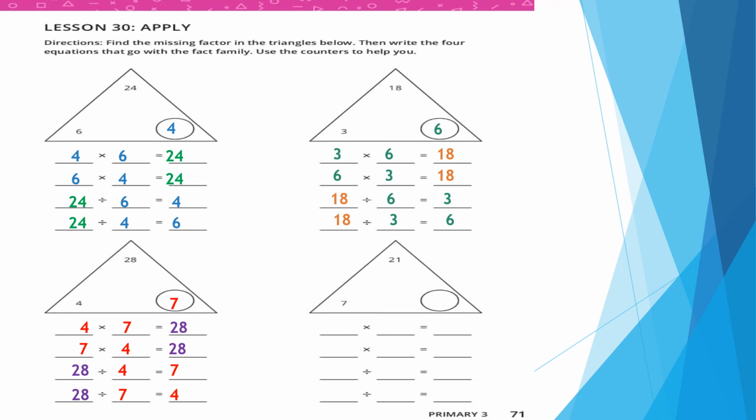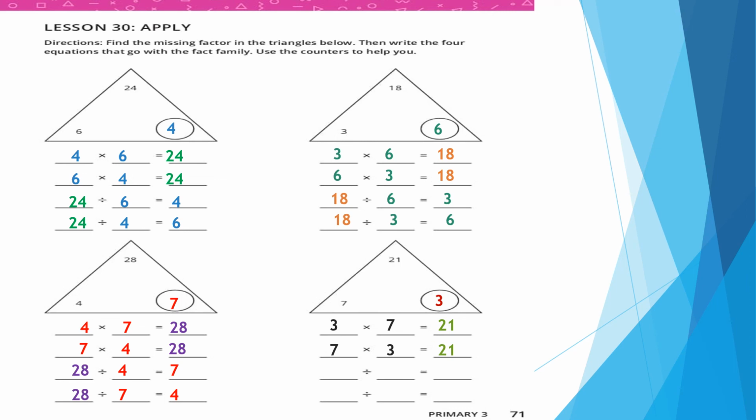The last one we have 7 and 21. Which number will complete this family? 7 times what? 7 times 3. So 7 times 3 equals 21, and 3 times 7 equals 21.